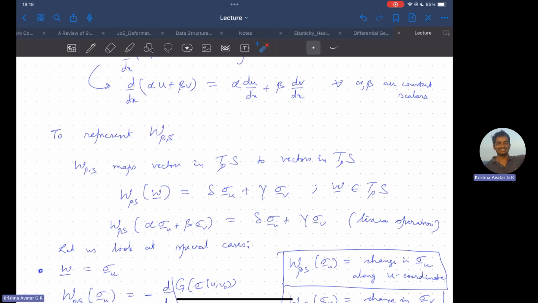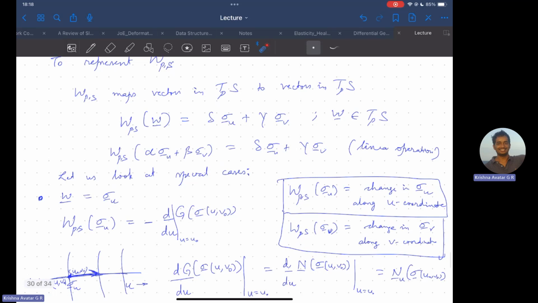This is the expansion of the W vector in the sigma u, sigma v frame, or sigma u, sigma v basis vectors.